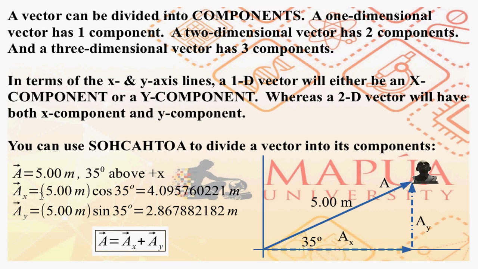So both ax and ay are positive with regard to the sign convention of the x-axis and y-axis. Positive x direction is the positive direction. Negative x direction is the negative direction. Positive y direction is the positive direction. Negative y direction is the negative direction.